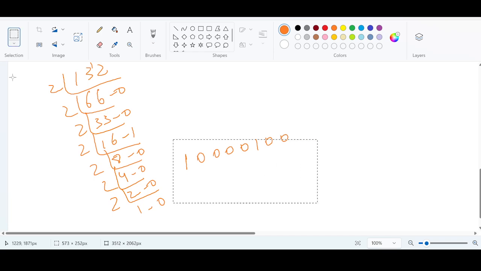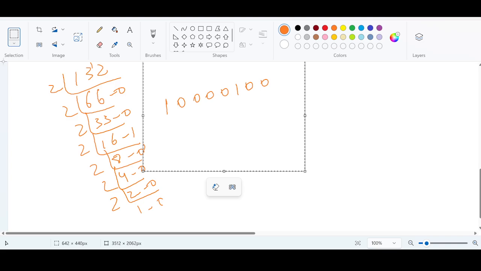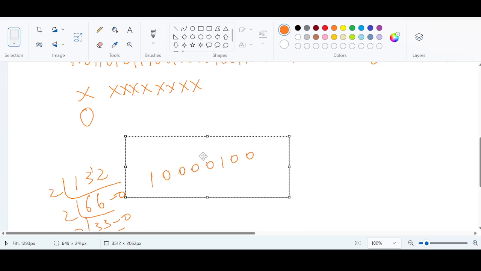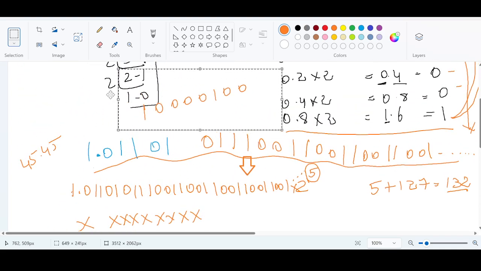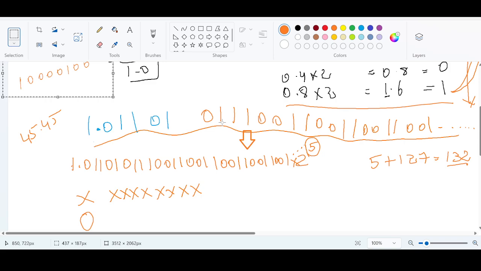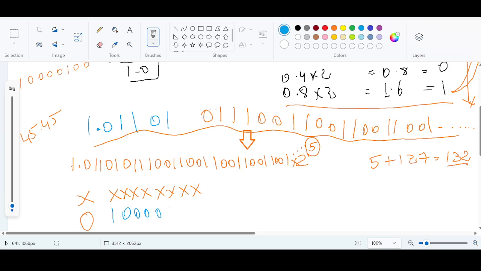This is the equivalent binary number for the exponent value. So in the place of the exponent value, you add 1, four zeros, 1, three zeros. The sign bit is completed. The exponent part is also completed.